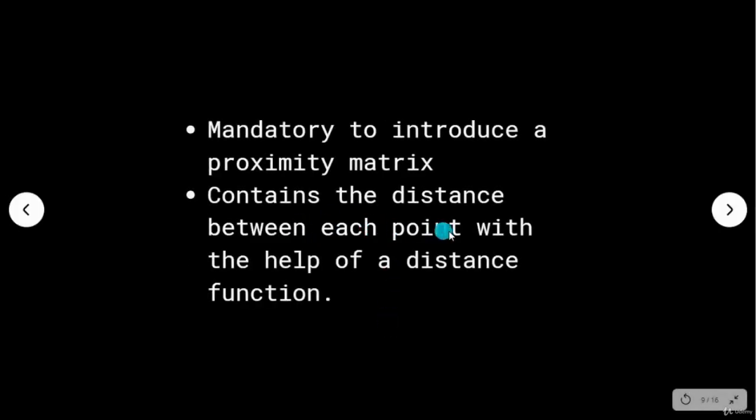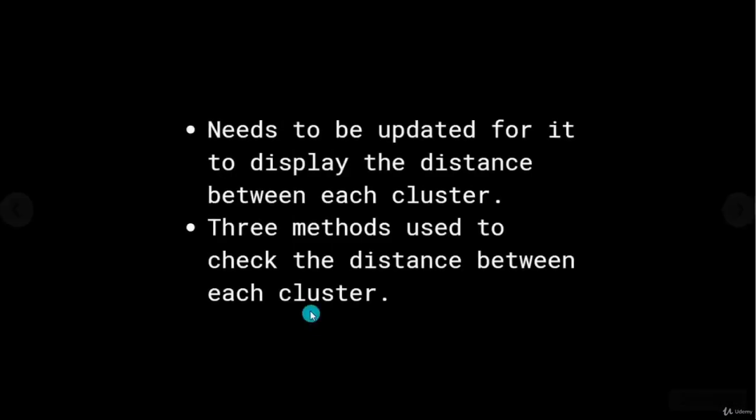For performing any clustering operation, it is mandatory to introduce a proximity matrix which contains the distance between each point with the help of a distance function. This matrix needs to be updated for it to display the distance between each cluster. The following three methods are used to check the distance between each cluster.